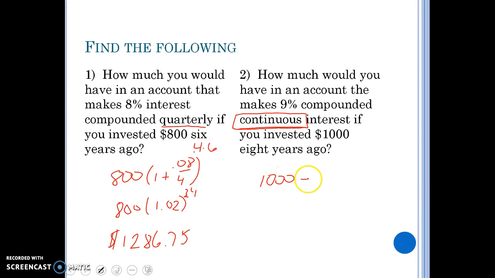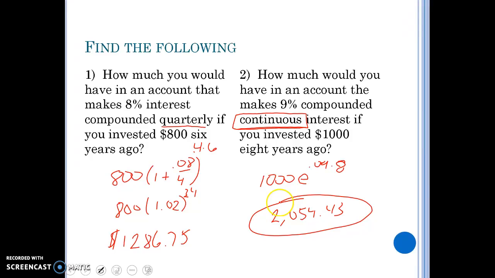We're going to multiply it times e to the 0.09 times 8. I'm going to put that in my calculator, and that means 8 years later we're going to have $2,054.43. And so that's how we use these two formulas.